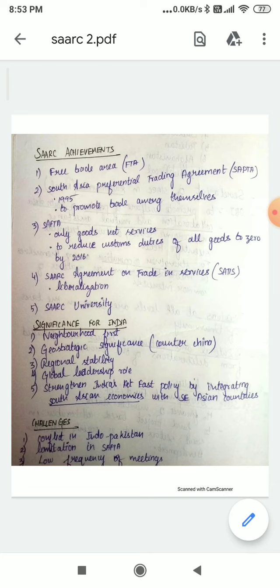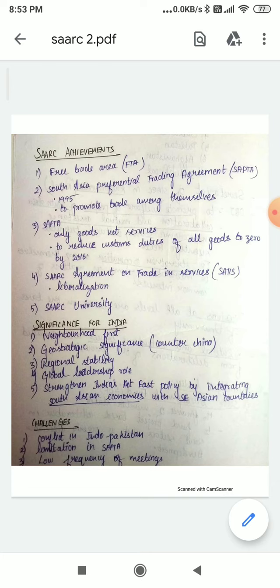So we can integrate this South Asian grouping along with that foreign policy, integrating the South Asian countries with the Southeast Asian countries, by which we can strengthen the grouping and coordinate further. That will be immensely helpful for India economically, socially, and culturally. These are the significance for India.